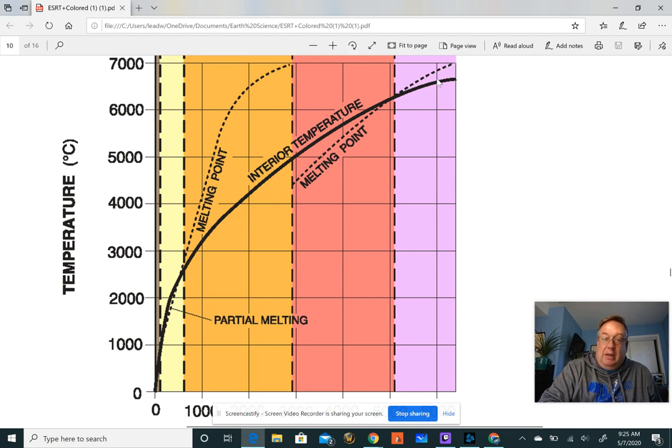So it has not melted. All right, so the inner core here is going to be solid because of that. If the pressure decreased, it would melt rapidly. All right, if we increase the pressure, this curve would move out a little bit and you'd have a larger solid core.